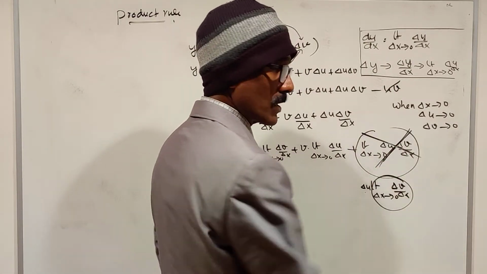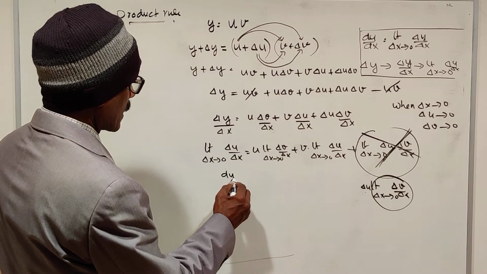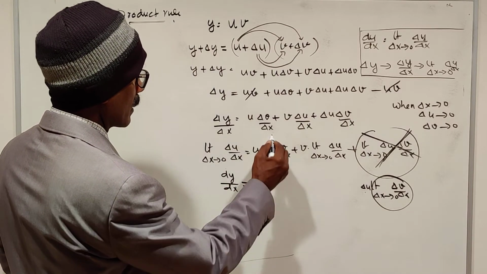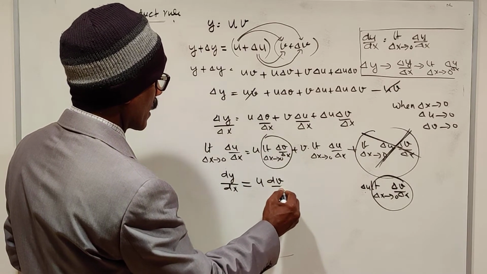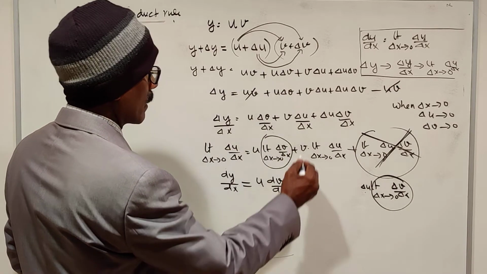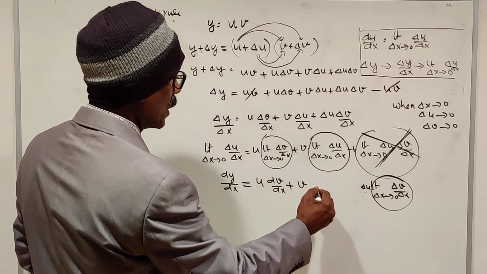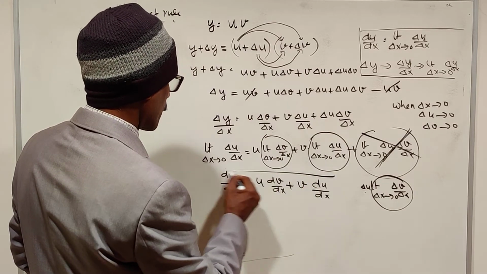This one cancels out. So dy by dx equals u times dv by dx plus v times du by dx.